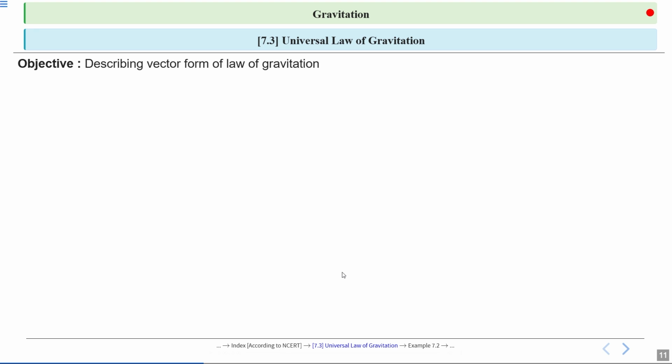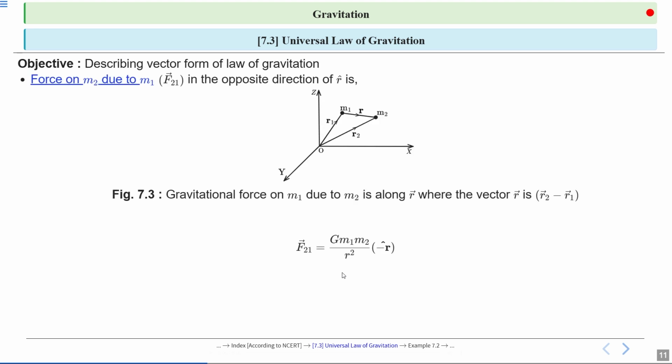Continuing with the vector form of the law of gravitation. Let's consider two masses M1 and M2 and how they interact with each other through gravitational force. Now we see the force on M2 due to M1, denoted as F21.